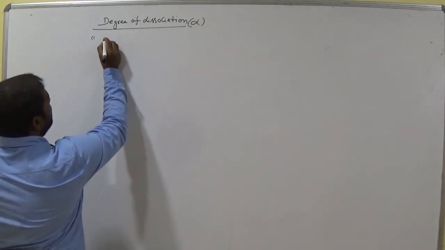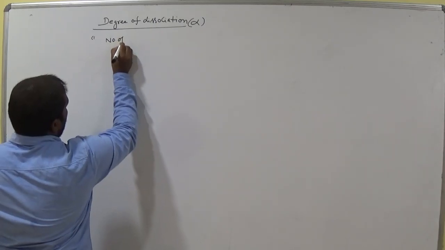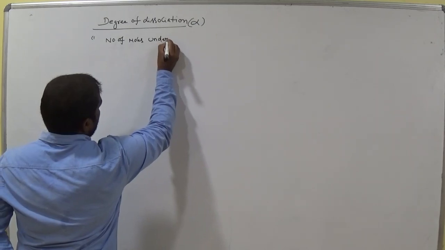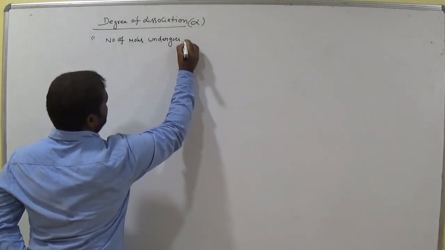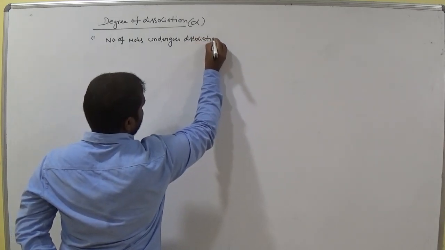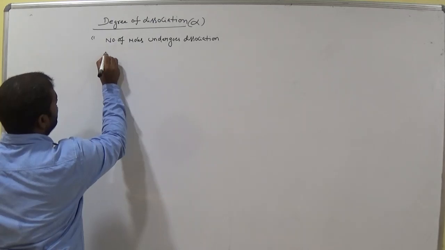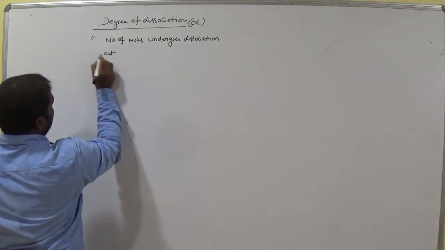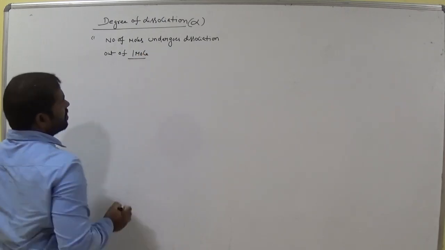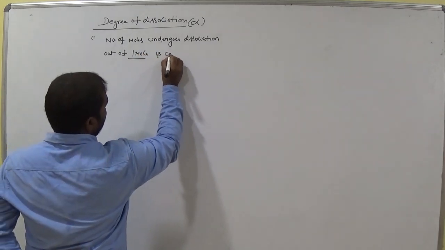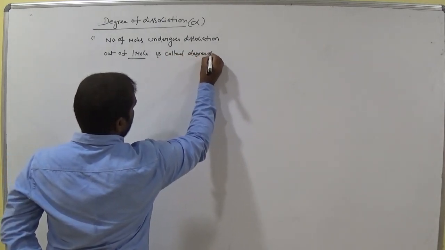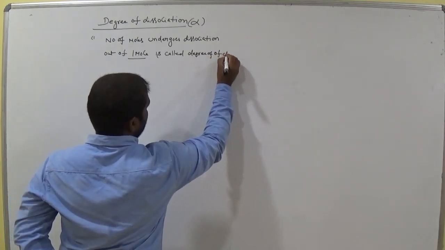That means the number of moles undergoing dissociation out of 1 mole is called degree of dissociation.